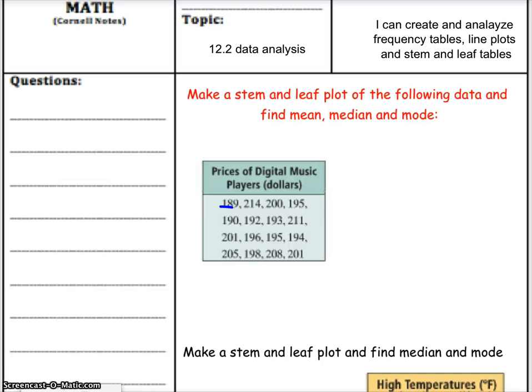So I have an 18, a 21, a 20, 19, bunch of 19s. So it looks to me like I should go 18 to 21. So I should have 18, 19, 20, and 21. Those are my stems.